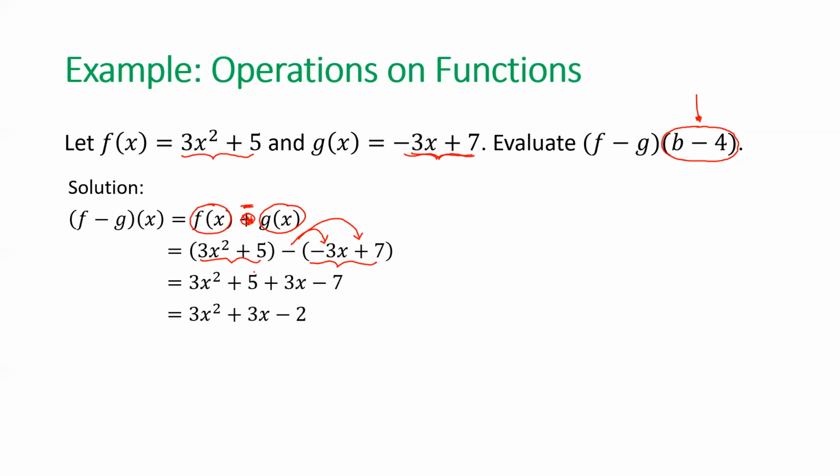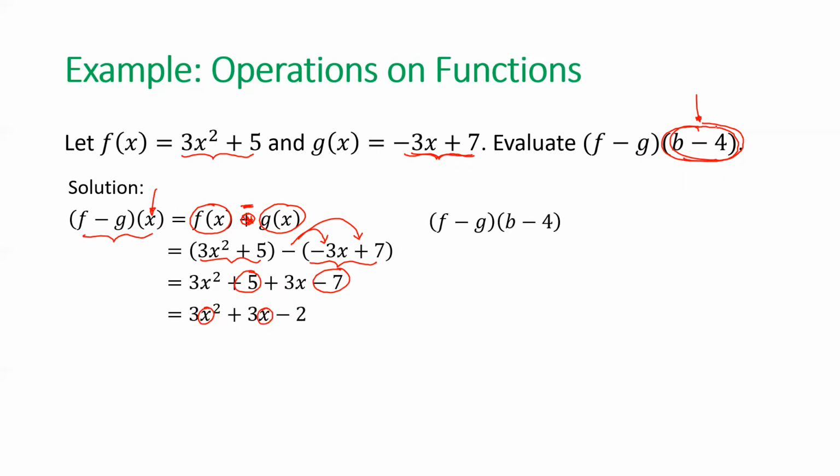The minus 2 came from positive 5 minus 7. And then, since we're looking for f minus g of b minus 4, this means that every occurrence of x in this particular function shall be replaced by b minus 4.